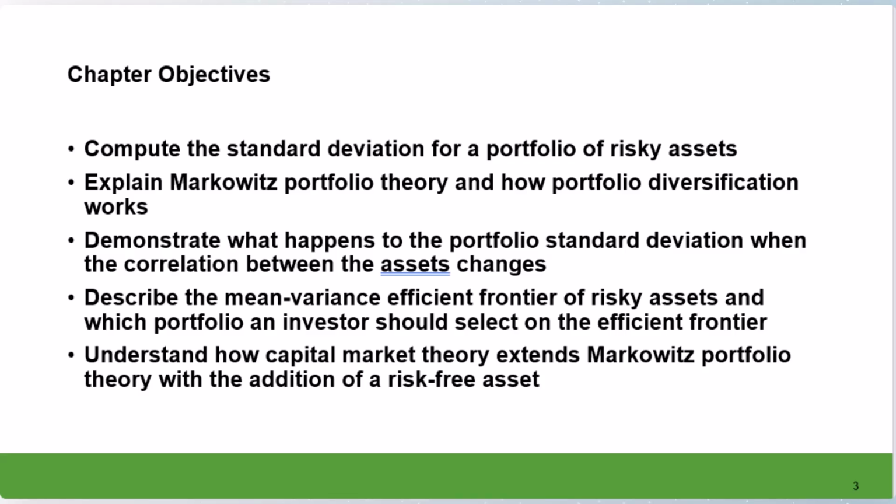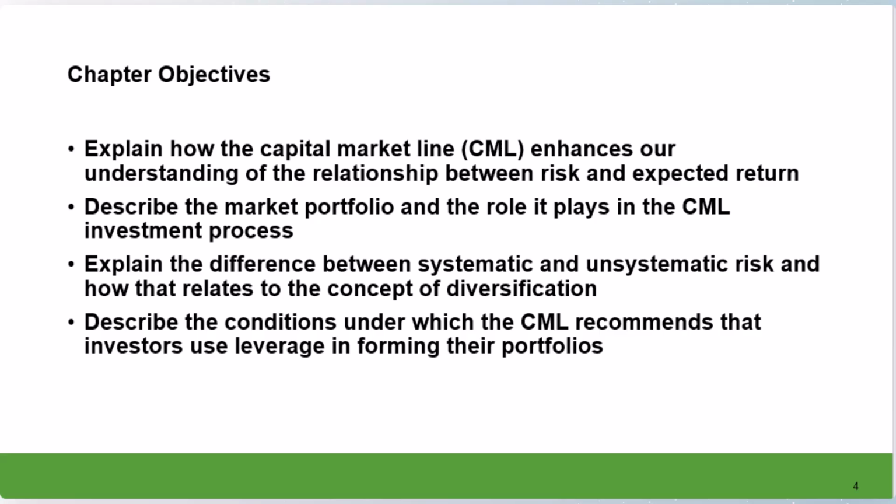How does this thing called diversification come about? We're also then going to review the choices we make when we've gathered this data. We want to try to visualize ultimately what the risk-return relationship looks like when we're dealing with portfolios.